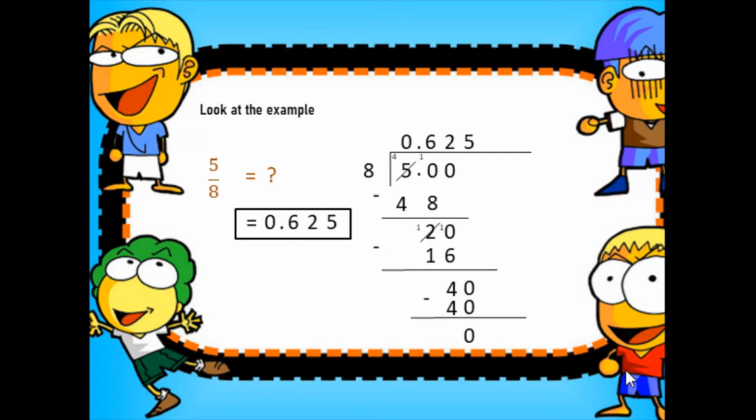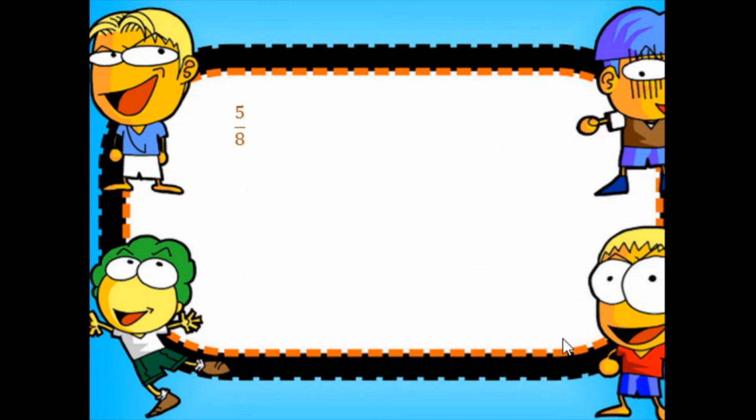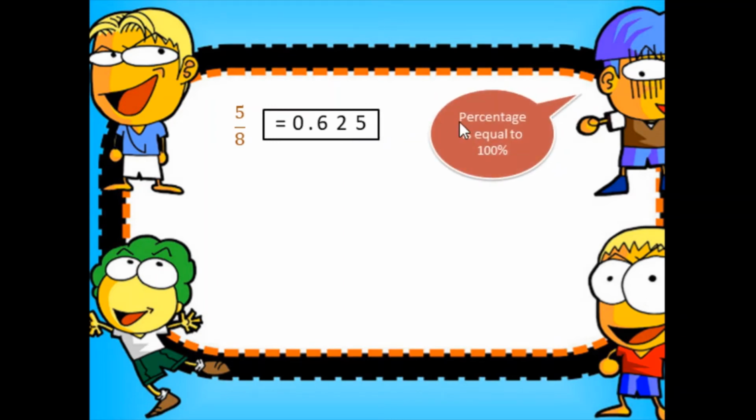Now we are ready to change it to percentage form. As we have said, 5/8 is equal to 0.625. So let's copy it down below. And remember, percentage is equal to 100%. So we move 2 decimal places to the right from the decimal point.